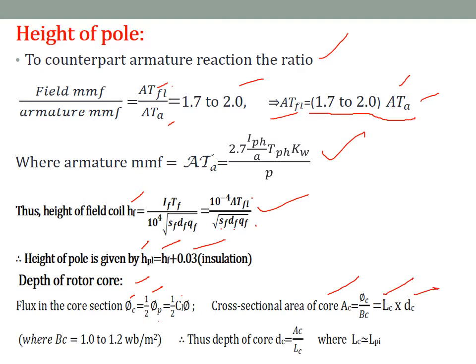Now this Bc we assume, Φc we have calculated here, Ac you can find out. Lc we know, so depth can be found out. Depth of the core is equal to Ac by Lc, where Lc is equal to Lpi. Here Bc we are assuming 1 to 1.5 Weber per meter square.